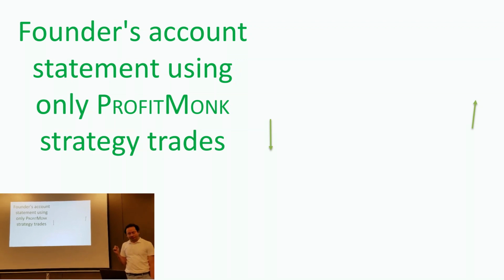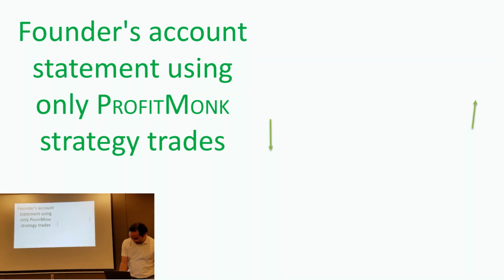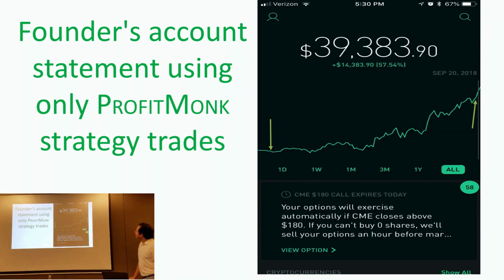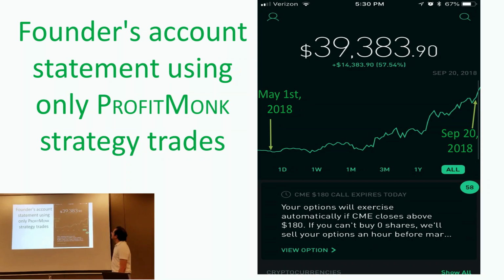That's when I put 25K in my account, slightly less. I kept adding to it, but let's go with 25. And I just kept tracking it over the last 4 or 5 months. So it shows a 57% gain.